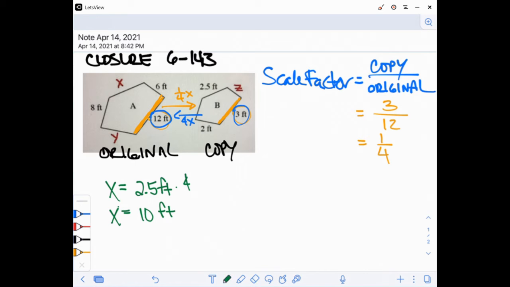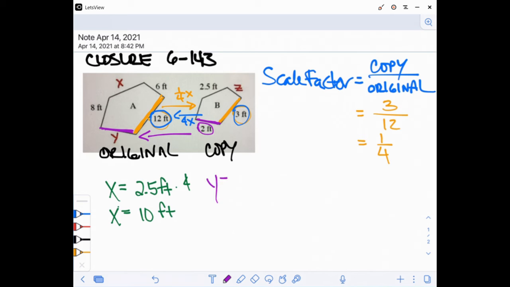Let's look at Y. So if we look at side Y, Y is here. The corresponding side is here. So this is another instance where we have the measurement of the copy, 2 feet. We're going back to the original, so it's 4 times as big.